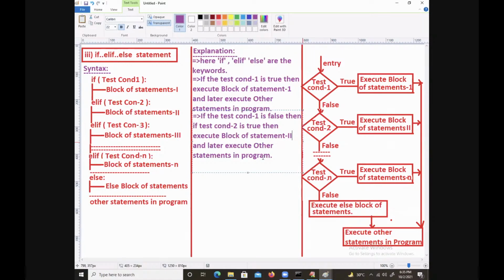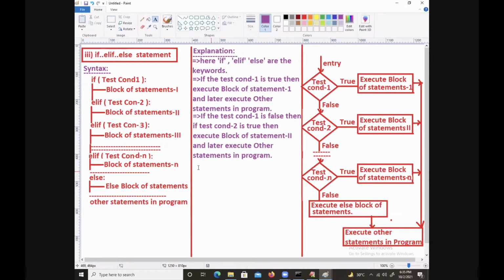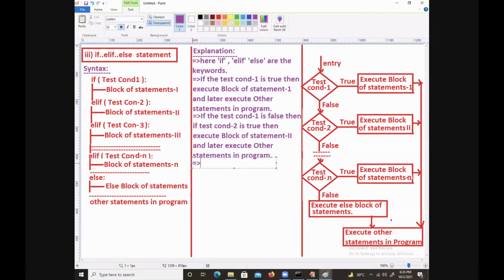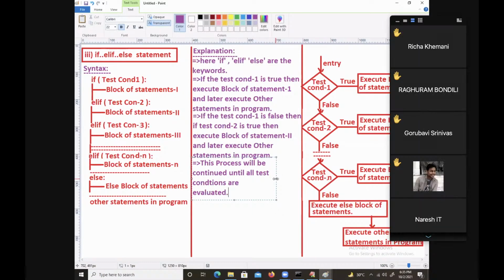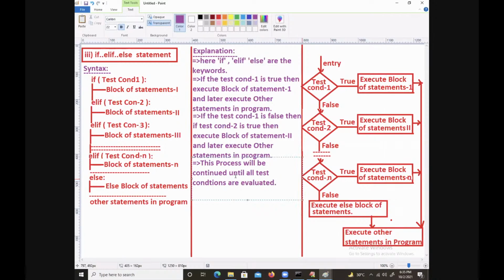Like that, all the test conditions are evaluated. In general, this process will be continued until all the test conditions are evaluated.